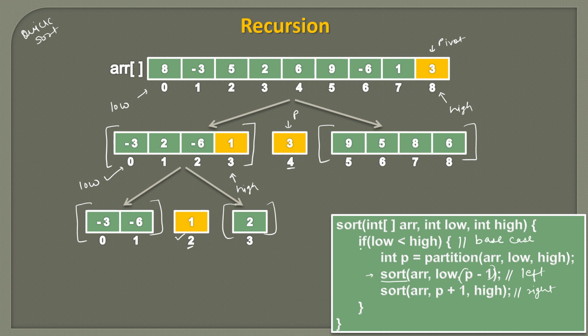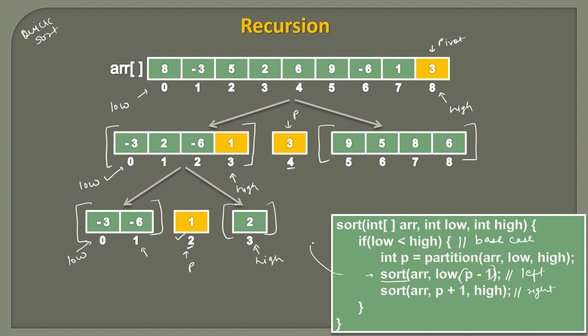Here if you see, we again go on the left side from low. So this was our low, this is our p, and this is our high. So we again call the sort method from low to p minus 1, which means we are taking the left side of the array.